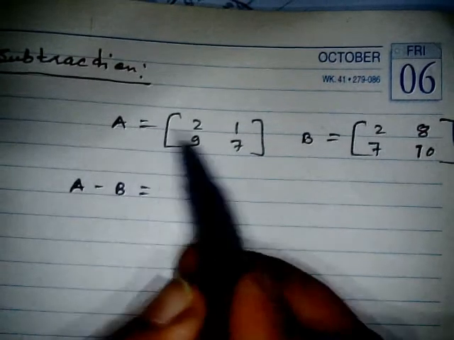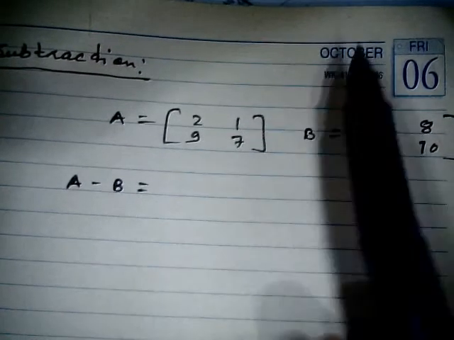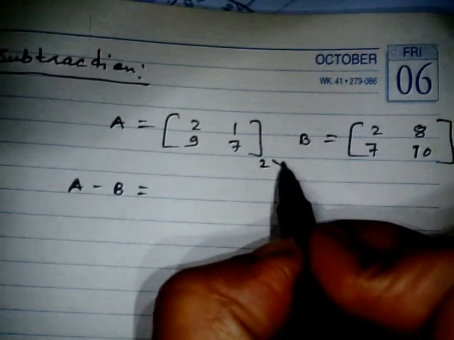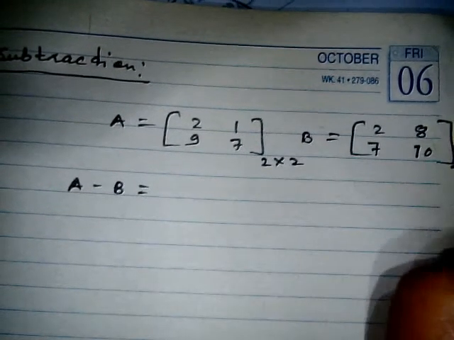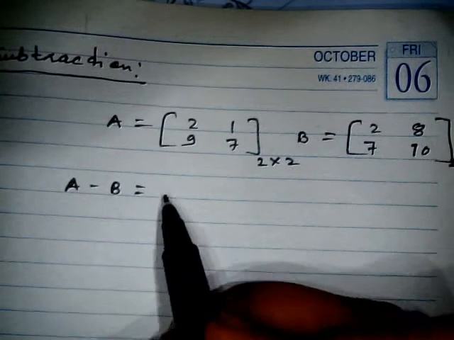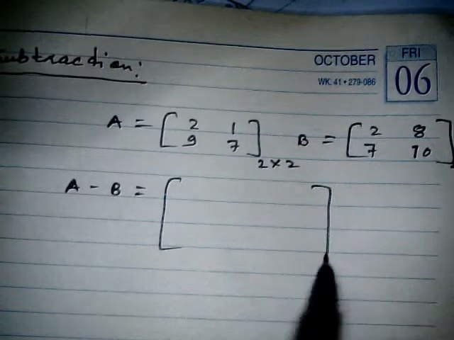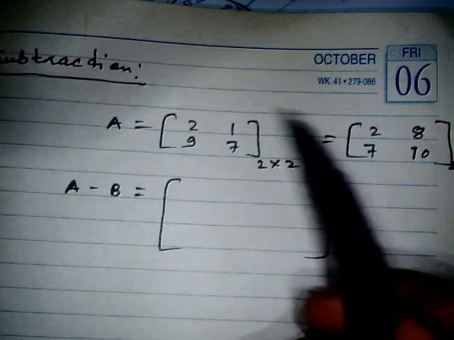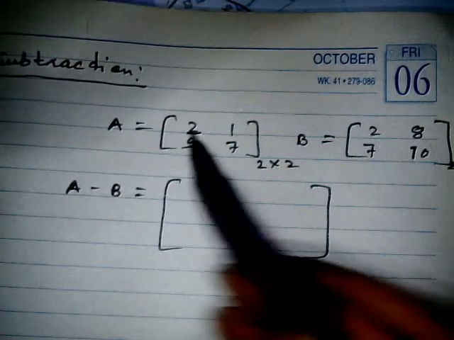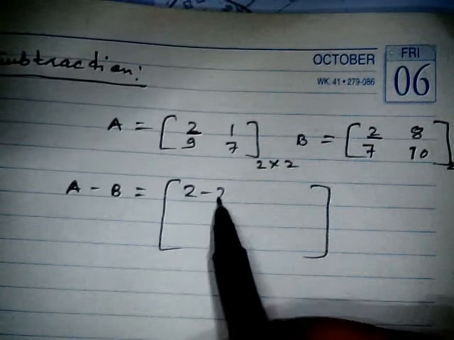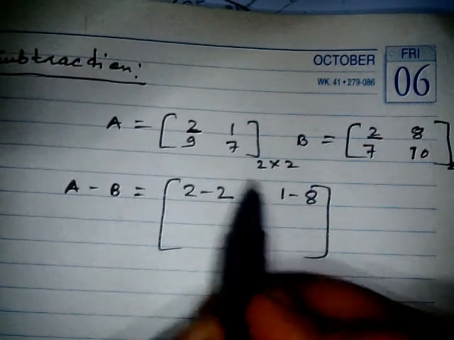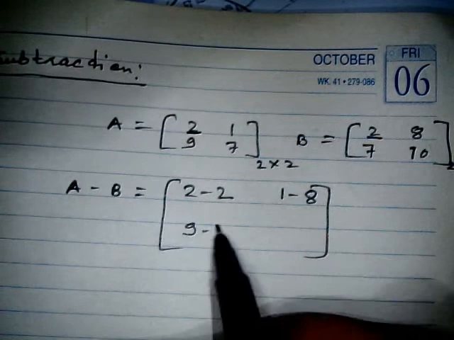Now I need to find A minus B. So from the A numbers, I need to subtract the B numbers. So first is 2 minus 2. Now second, 1 minus 8. Now this is 9 minus 7 and this is 7 minus 10. 0, this is minus 7, this is 2 and this is negative 3.